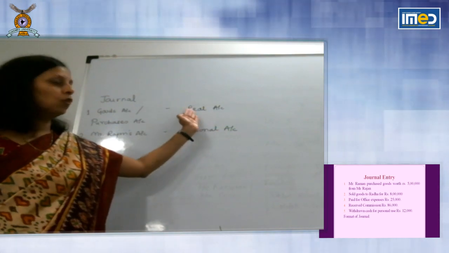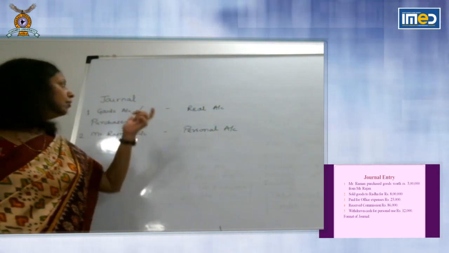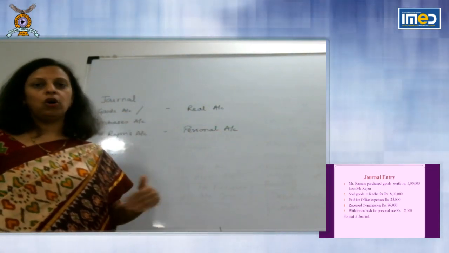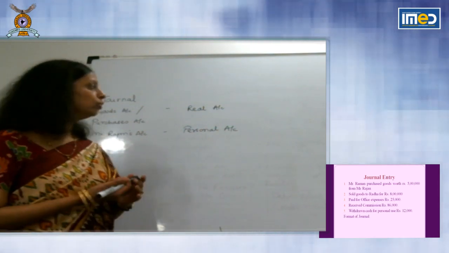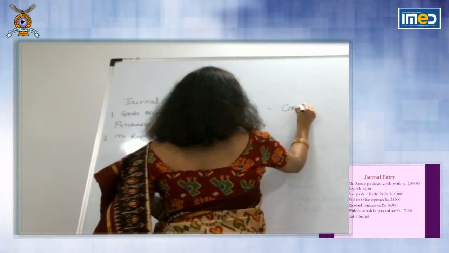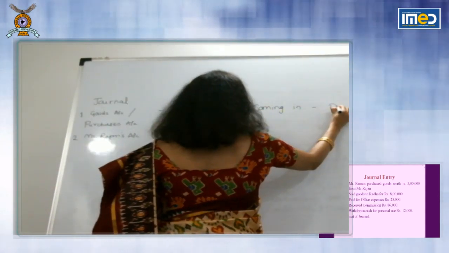Now you have to ask the next question, whether goods are coming into the business or going out of the business. When you purchase goods, goods are coming into the business. You will debit.